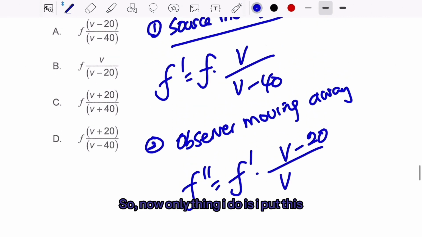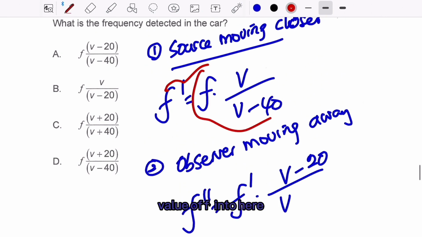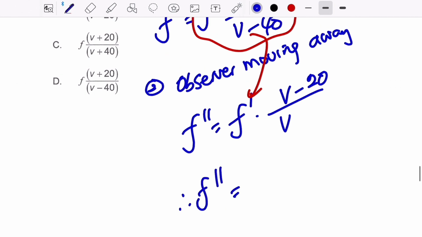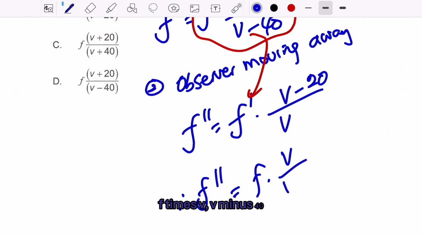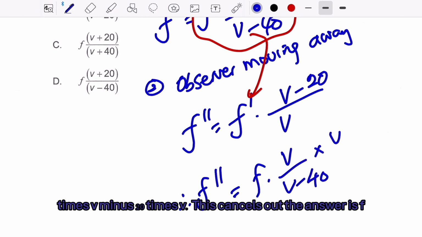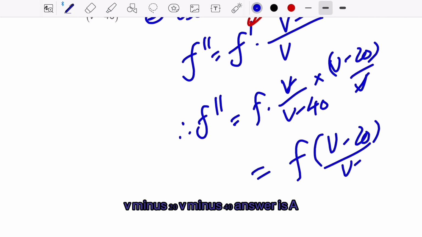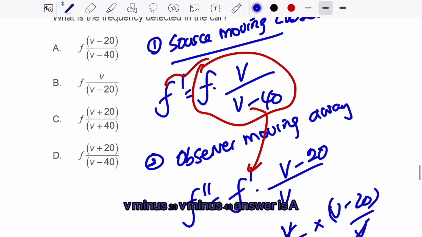So now the only thing I do is put this value of f dash into here. So f double dash equals f times v over v minus 40 times v minus 20 over v. This cancels out. The answer is f times v minus 20 over v minus 40. Answer is A.